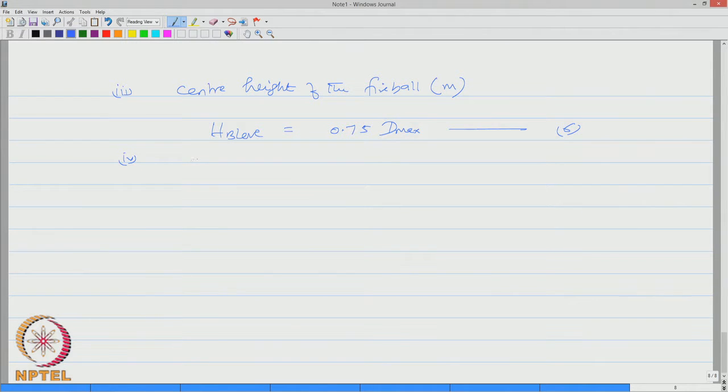The fourth parameter could be the initial ground level hemisphere of the fireball, because the fireball will form in a hemispherical manner. So, that initial diameter is given by 1.3 times D max.